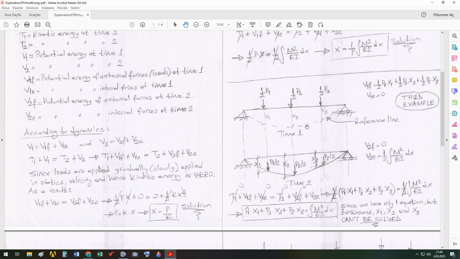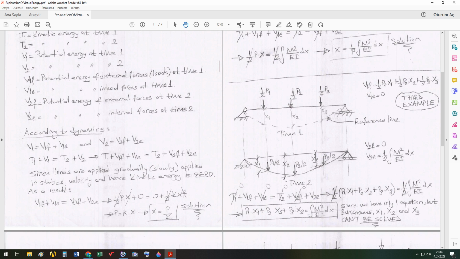Okay, and I draw the selected reference line, which is the equilibrium line of the beam here, using a dash line. So according to the reference line I selected, the potential energy of external forces at time 1 is this.